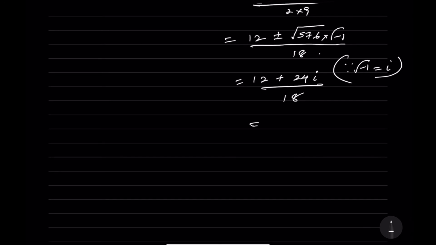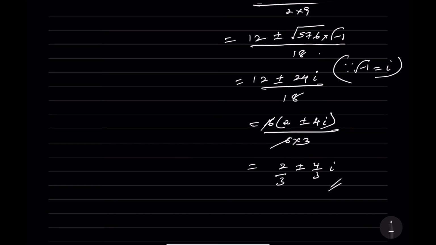So if you take 6 out common, here you get 2 plus or minus 4i, since 6 fours are 24, divided by 6 into 3. So 6 will get cancelled. So this is equal to 2 by 3 plus or minus 4 by 3 i. This is the answer. So next we'll go into the next one.